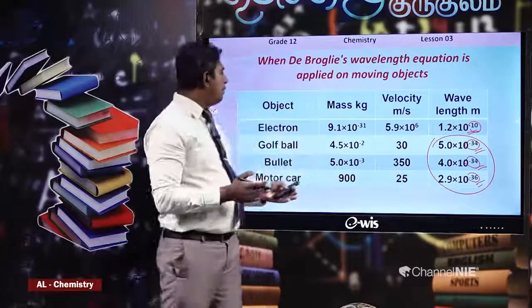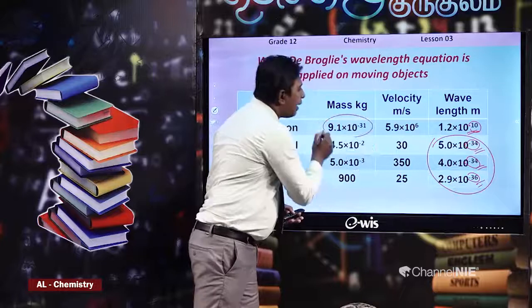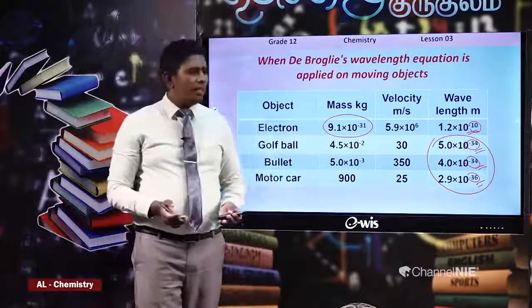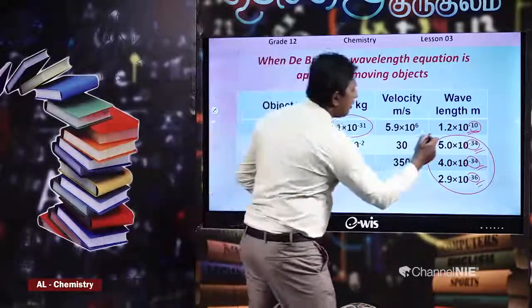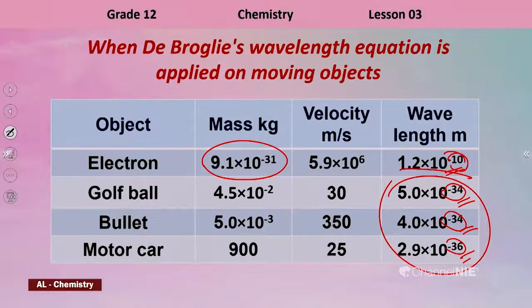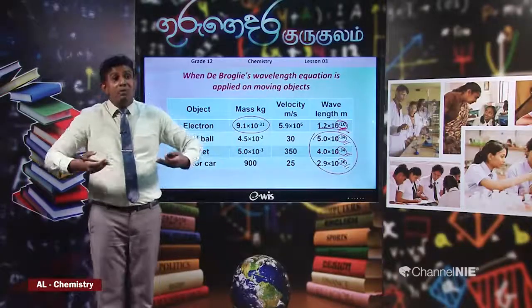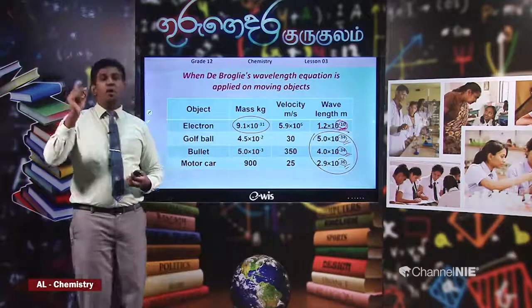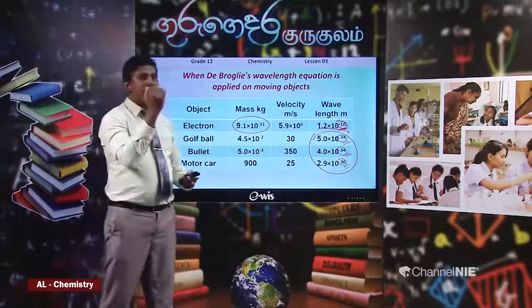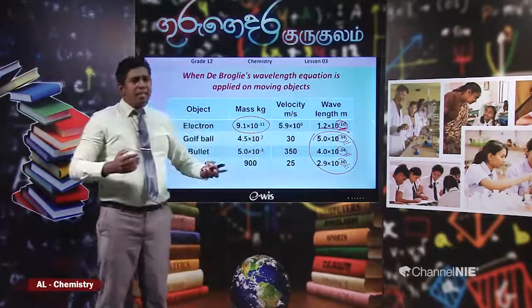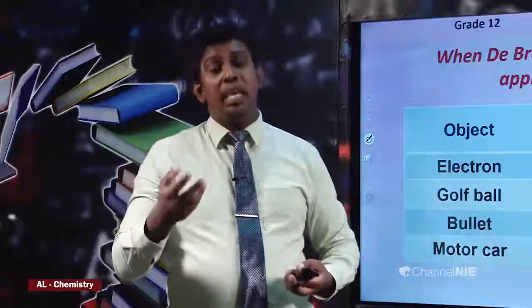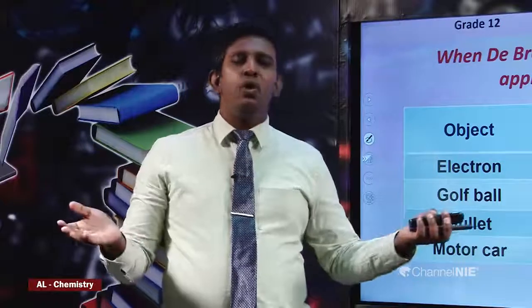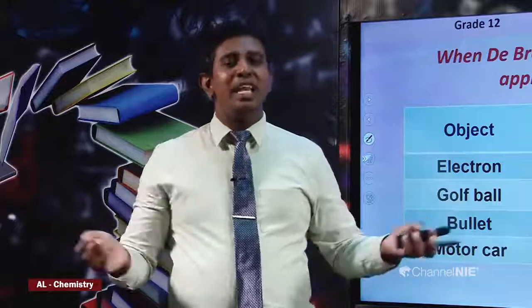Then students, when we consider such a small particle like an electron, it's okay treating it as a wave for the reason it has quite a realistic wavelength. So this de Broglie's wavelength equation reveals the fact that when very small particles are moving at such speeds, they exhibit wave behavior as well. That's what we call wave particle duality.